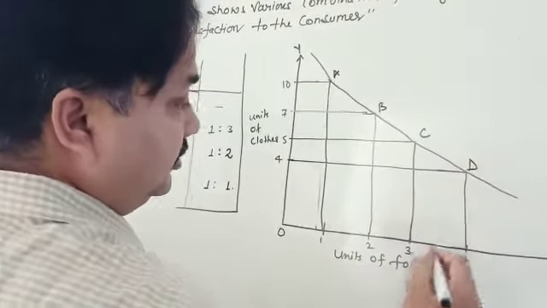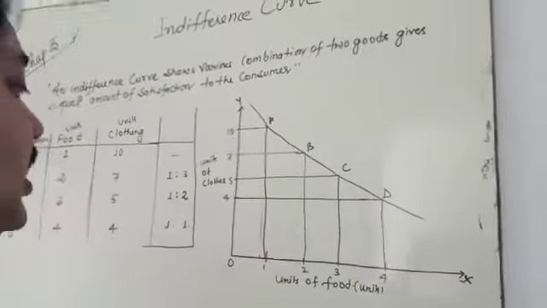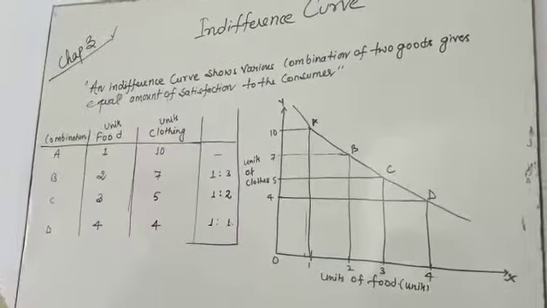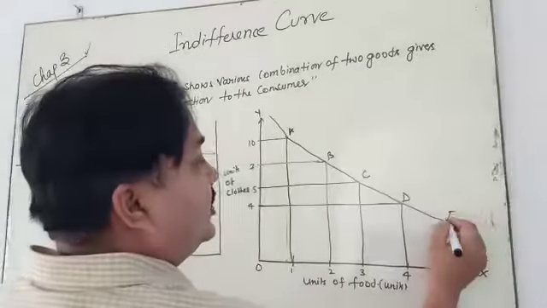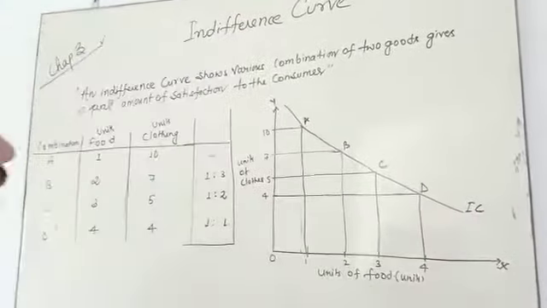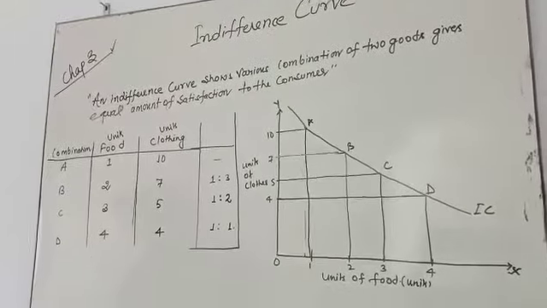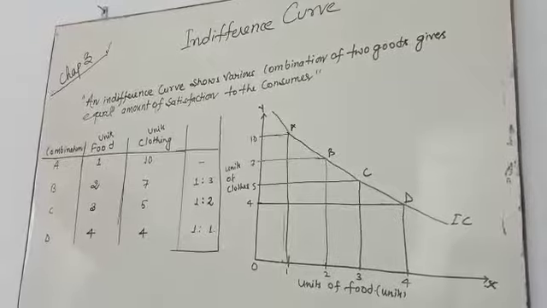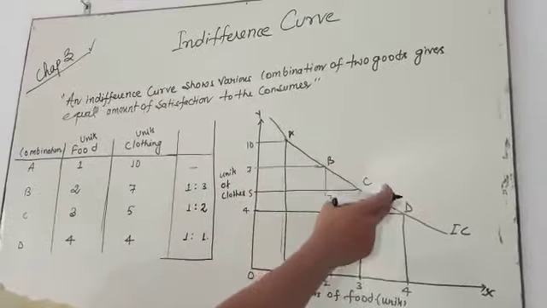Again combination D, that is 4 units of clothes and 4 units of food. So this is called the indifference curve. You can write indifference curve IC here. IC means indifference curve, my dear student. So the indifference curve is also called the IC utility curve. These are the different combinations A, B, C, D.